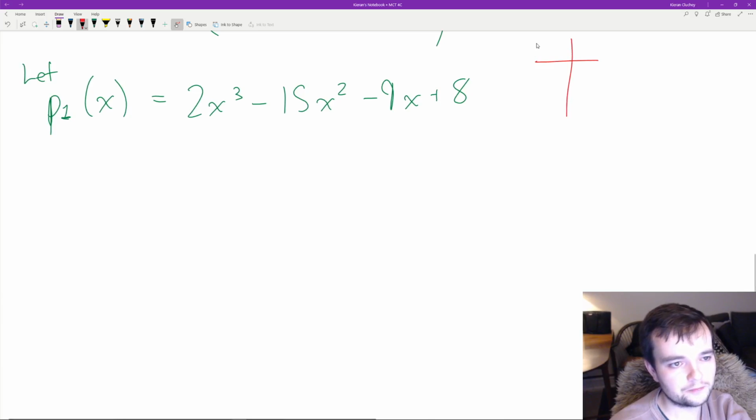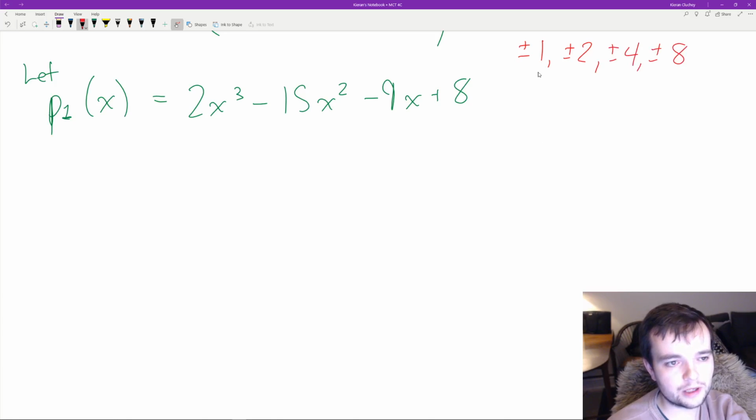I know the factors of 8 are plus minus 1, plus minus 2, plus minus 4, and plus minus 8, okay? Well, last time we had a negative 1 as a factor. You know, I'm starting with the 1s anyways. Why don't I start with negative 1? There's a chance that it will be another factor.